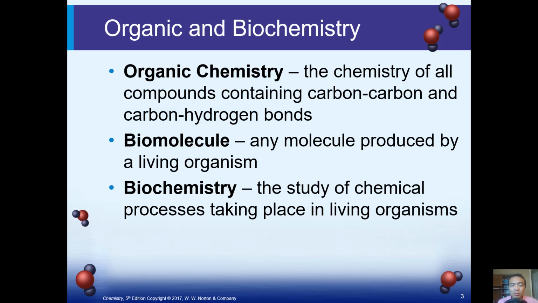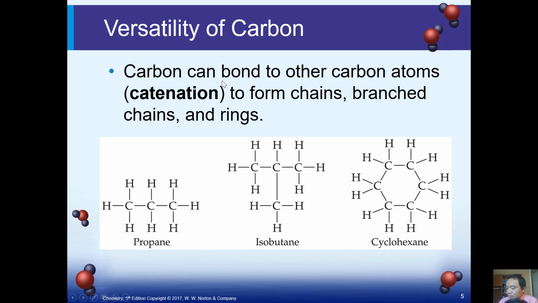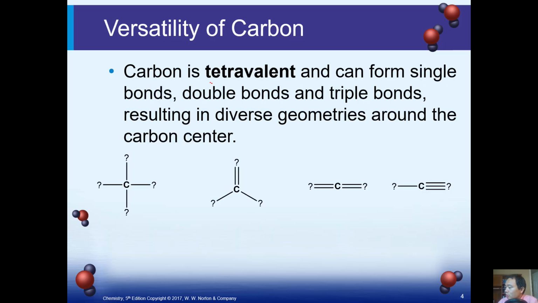So what is special about carbon? Why is carbon the selected element for the foundation of organic chemistry? The reason is because carbon is very versatile. First, carbon is tetravalent, which means carbon can form 4 single bonds surrounding itself, or the equivalent of that.